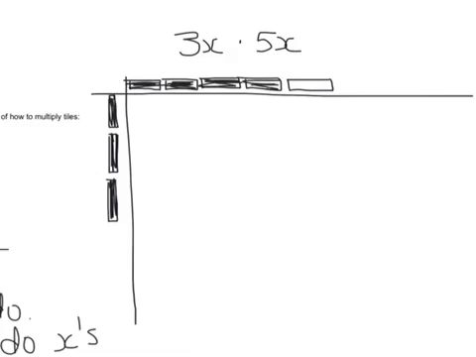So if I look at this space right here where I put the dot, I am multiplying x times x. So what fits in there? Well, x squared does. And then I have to decide, is it going to be positive or negative? It is going to be positive because I have positive x times positive x. So I need to shade that in as well.